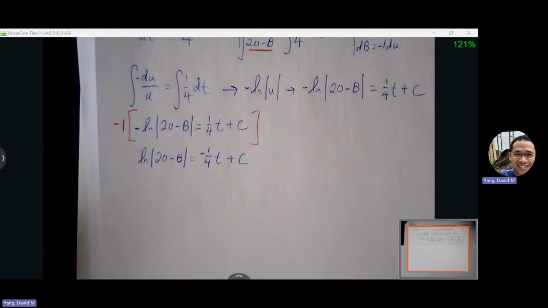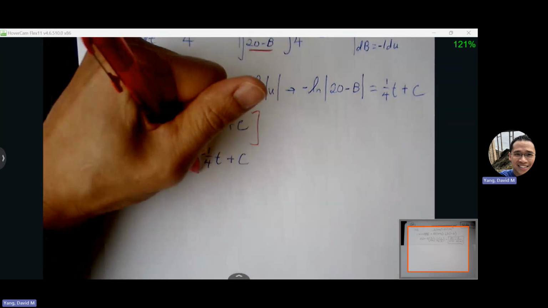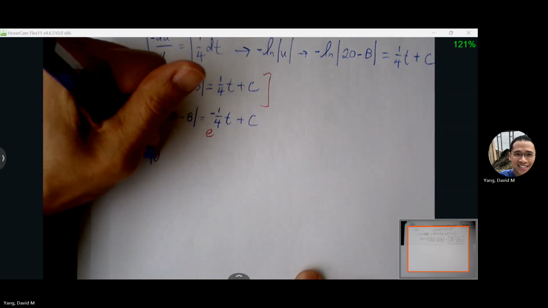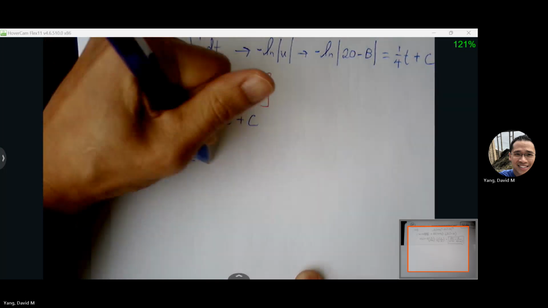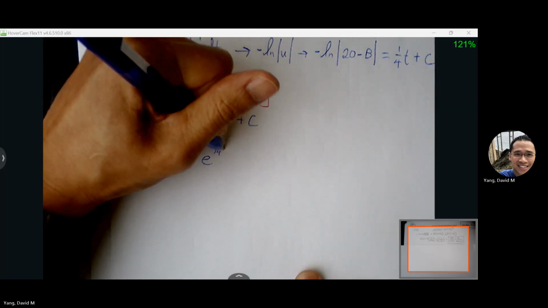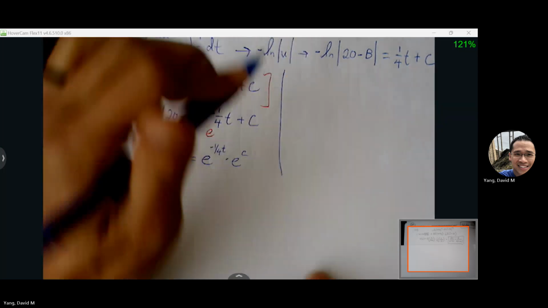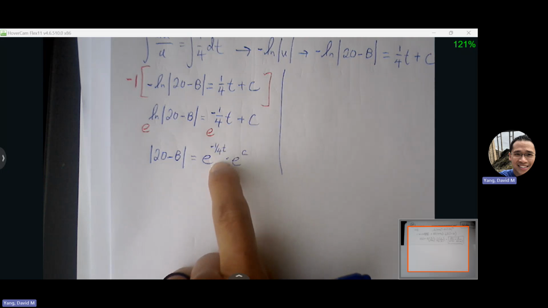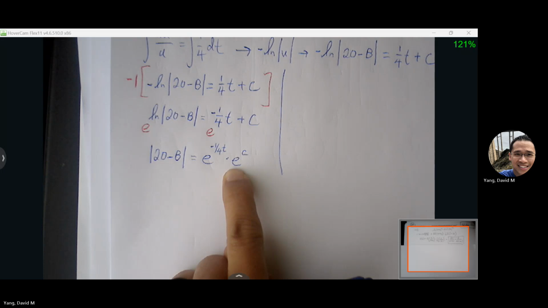All right, I want to solve for B first. So I'm going to raise both sides with e as the base. By the way, if you solve for C first, that's perfectly fine. You're getting a different C value than me, but in the end, we should be in agreement. If I separate the exponents, I get e to the -1/4 t times e to the C. Replace e to the C with what?